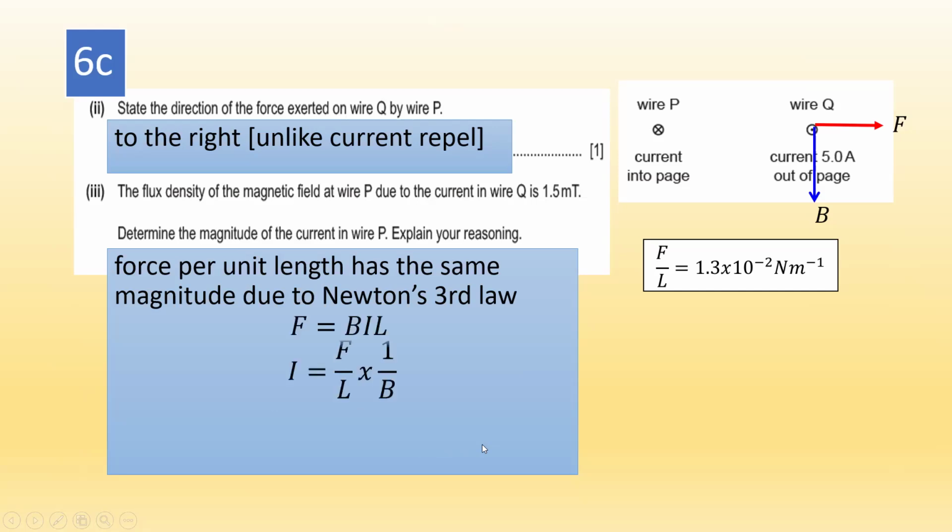F equals BIL, so I is F divided by L, times 1 over B. Remember to change it to SI unit. And F over L we have already calculated previously, just put it inside there.